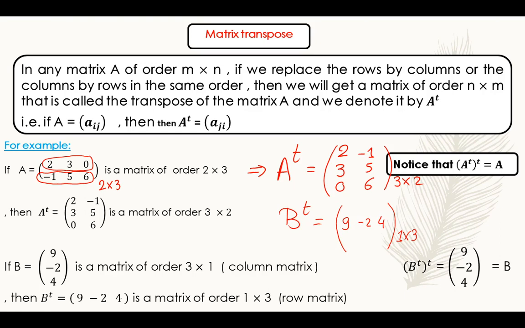Here B transpose is a row matrix, 9, negative 2, and 4. B transpose all transpose will be the column matrix, again 9, negative 2, and 4, which is the matrix B. يعني لما تجيب ترانسبوز للترانسبوز ترجع تاني للماتريكس الأصلية بتاعتنا.